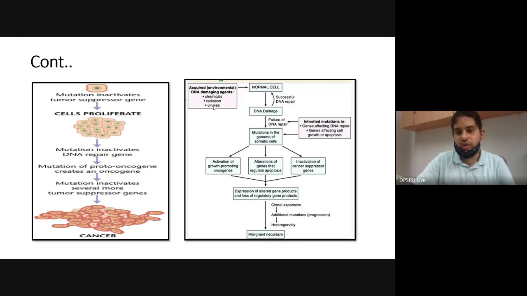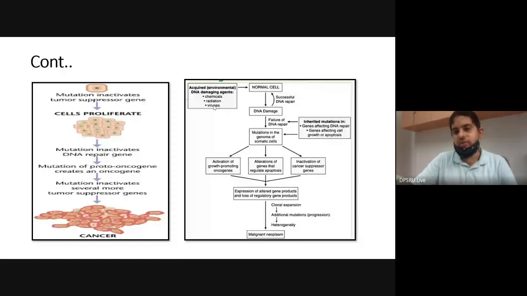Unnecessary scanning is not required, because radiations are used in the scanning process, and those radiations could cause changes in the cells, and that could also develop into cancer. So whenever a diagnosis is required, do it, but if after one week you again do unnecessary testing, then it could do damage.